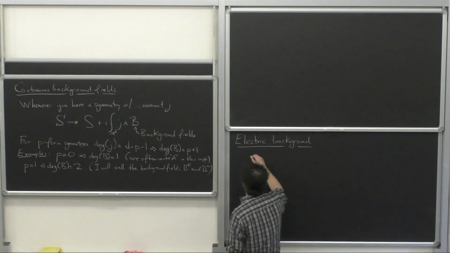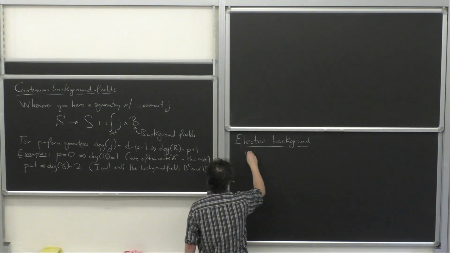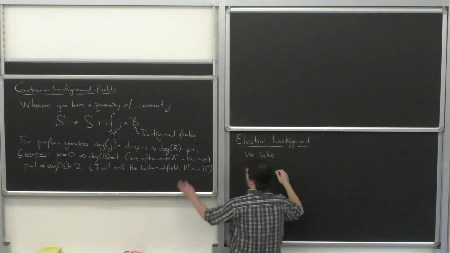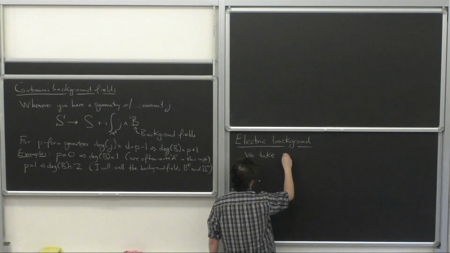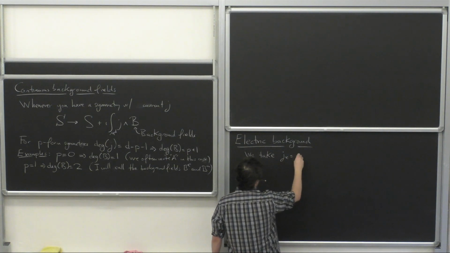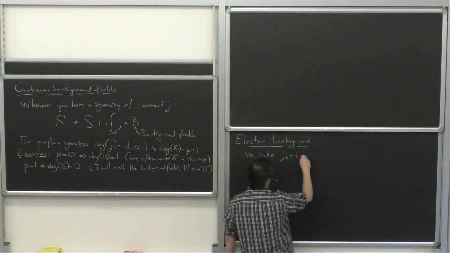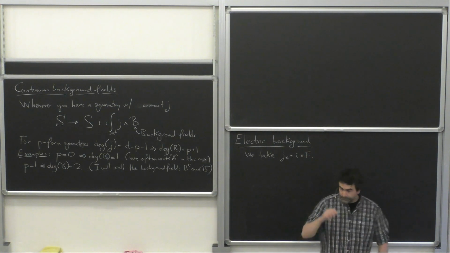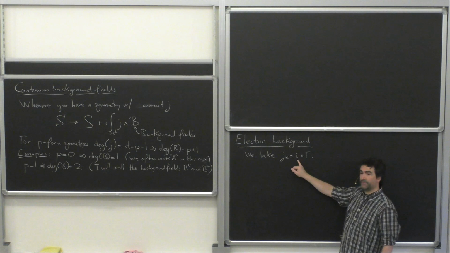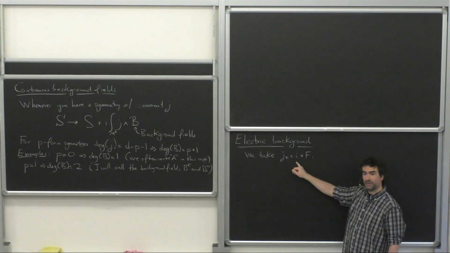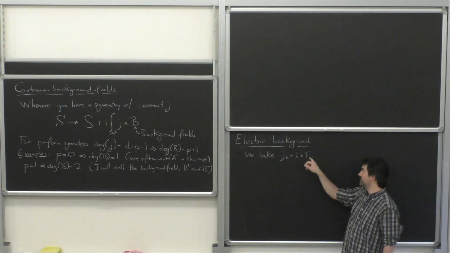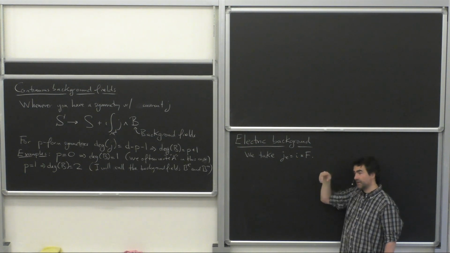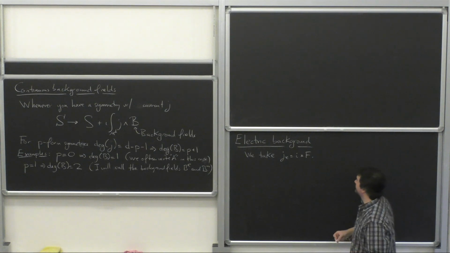So in this case, we take the current to be, there are some factors that I'm ignoring, they can go into the normalizations here, J_e equals i star F. So remember that there was a factor of i. When I constructed the generator of the charge, I did the exponential of star F, so I put in the i here. So the usual formula with e to the i integral of J is still true.